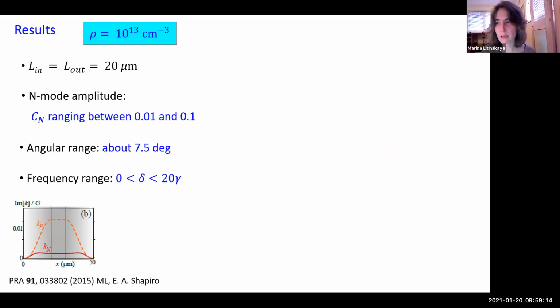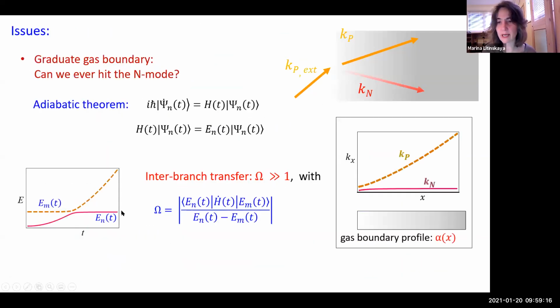Okay, if I understood your question correctly, in the case of the classical adiabatic theorem, we have temporal dynamics, so it depends on how your Hamiltonian changes in time. Here we have spatial variation of the gas boundary, so instead of time, we have x, the coordinate.